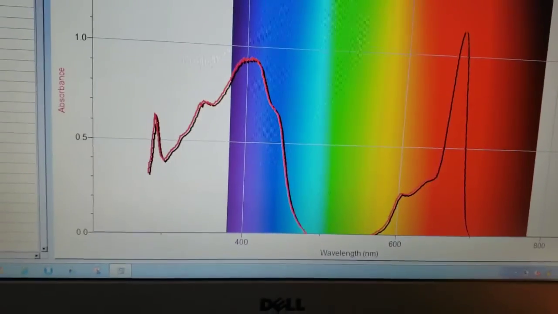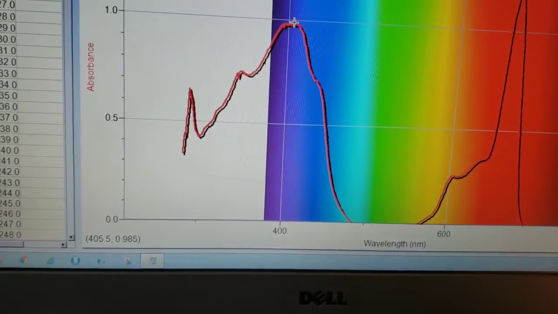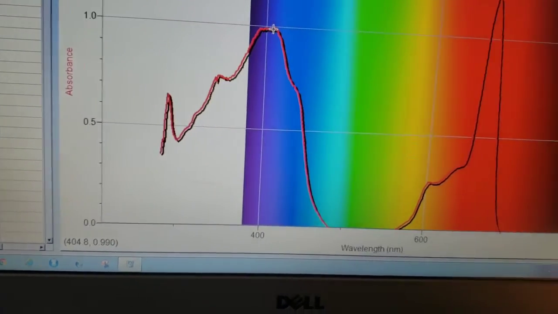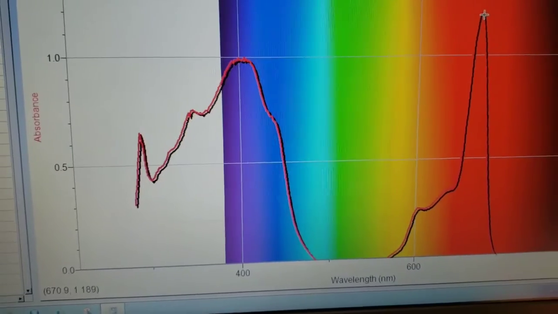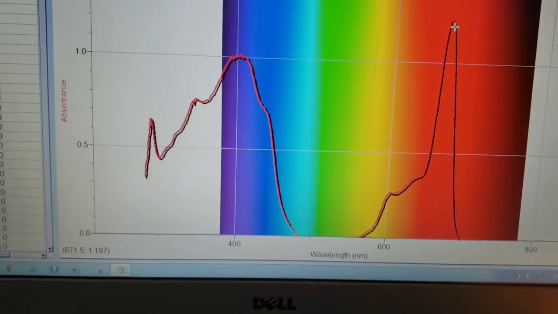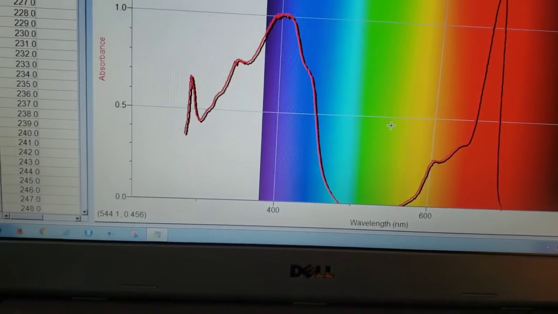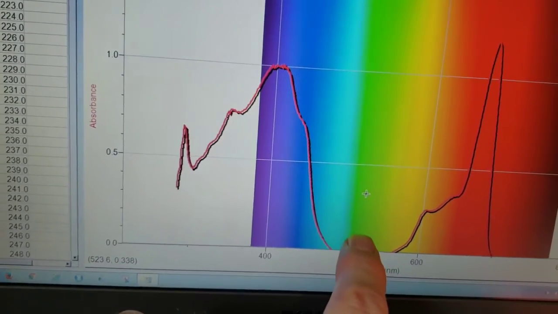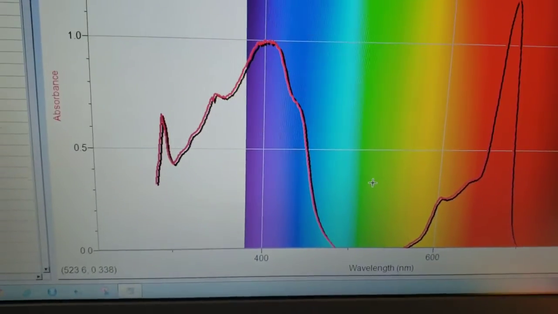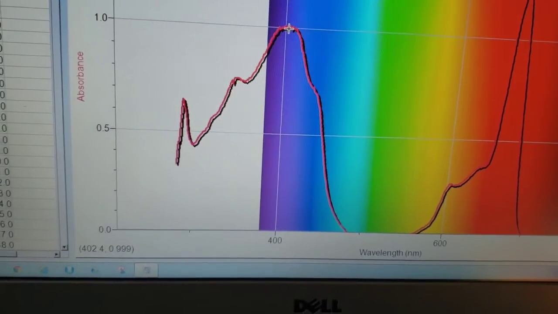And you can see that it has two major absorbances, one here in the purple part of the spectrum and one here in the red. Now, when material absorbs colored light, what happens is the light that is not absorbed is transmitted. So our material looks green because it absorbs light in the purple and in the red.